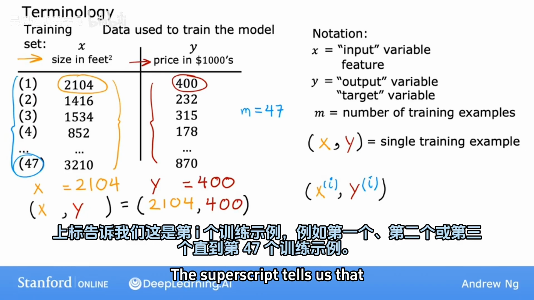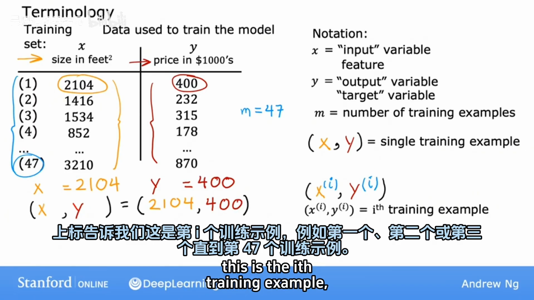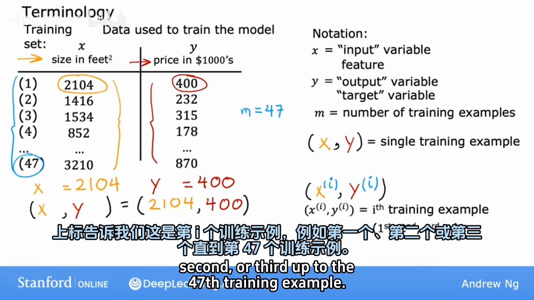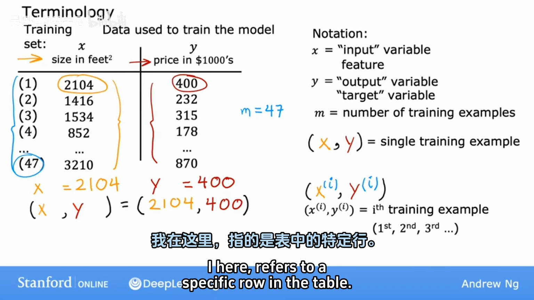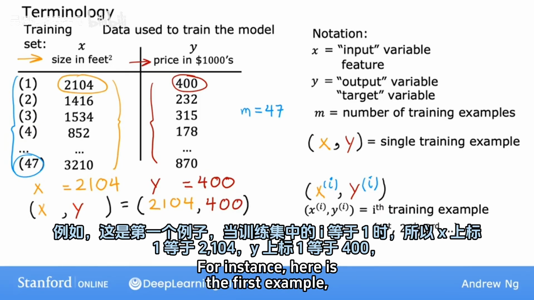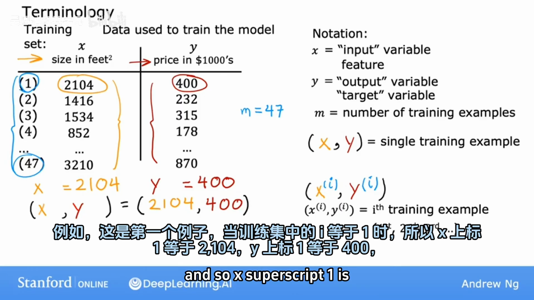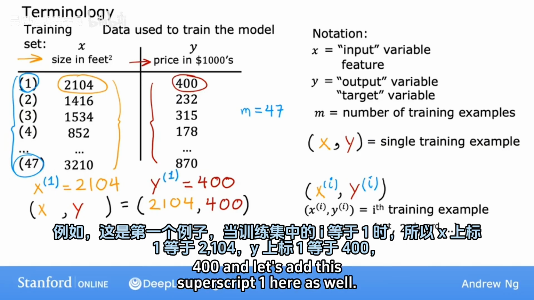The superscript tells us that this is the ith training example, such as the first, second, or third, up to the 47th training example. i here refers to a specific row in the table. So, for instance, here is the first example, when i equals 1, in the training set. And so x superscript (1) is equal to 2,104, and y superscript (1) is equal to 400.